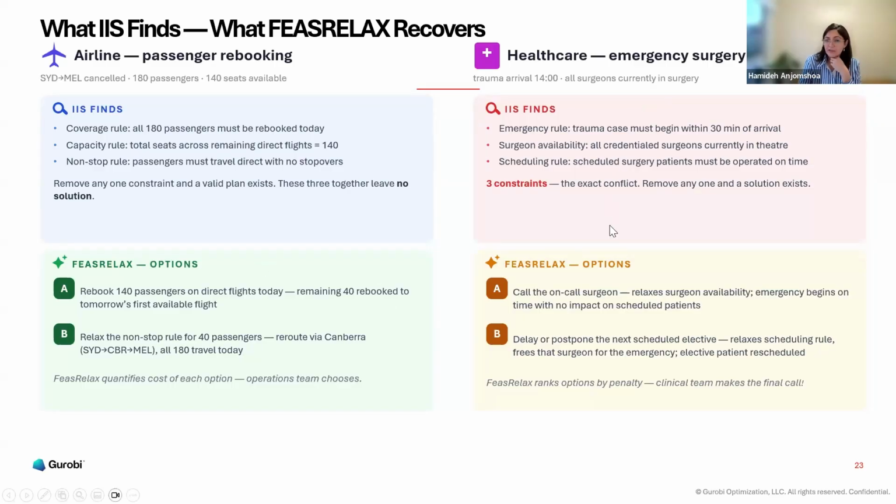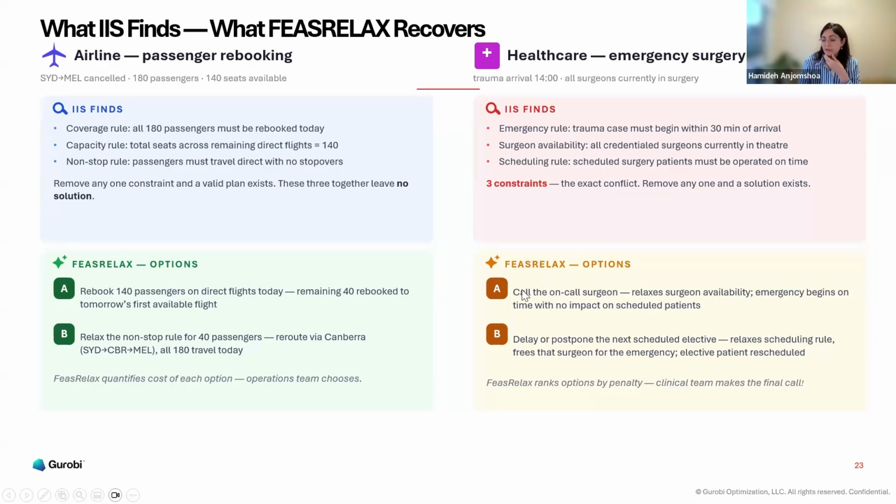In the healthcare example that I discussed earlier, emergency patients arrived, and IIS finds that there's no possibility to schedule these emergency patients because all surgeons are in the theater, and these patients should be operated on within 3 minutes. What are the options? Maybe the surgeon availability gives plus one.